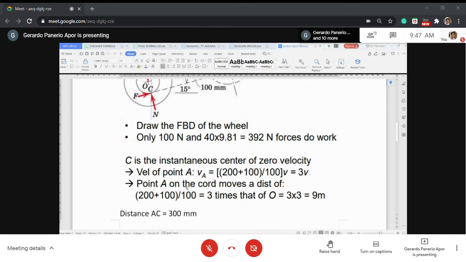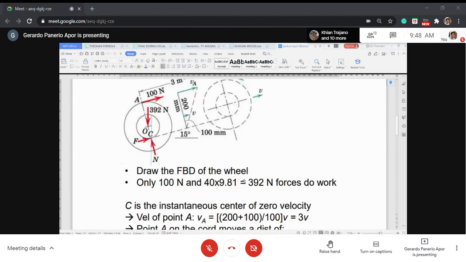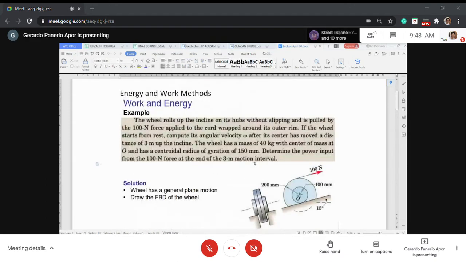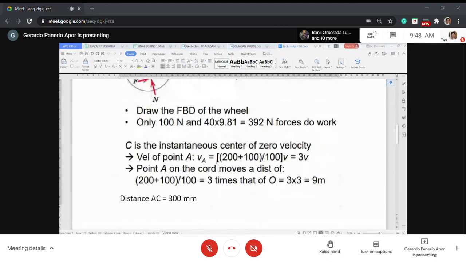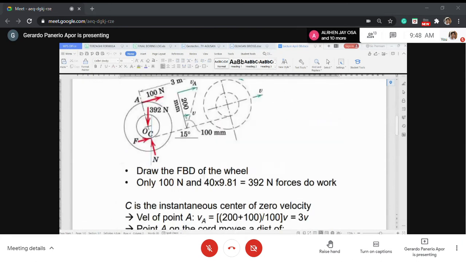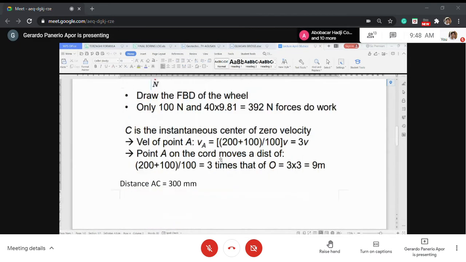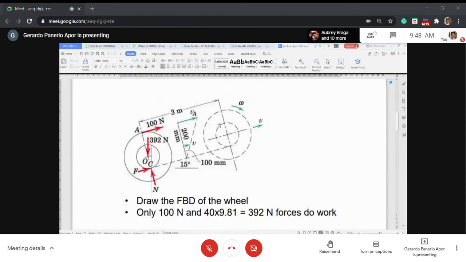Now, point A on the chord moves a distance of 200 mm plus 100 mm, that's 300, divided by 100 times that of O. If we are computing the distance traveled, if O travels 3 meters already, that means that A also travels 9 meters.